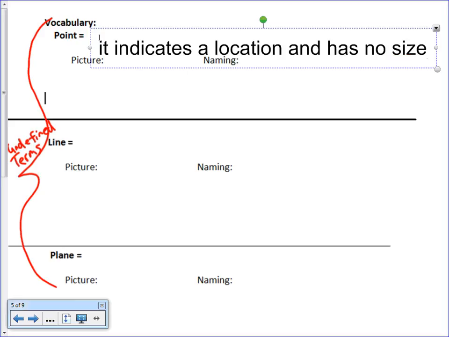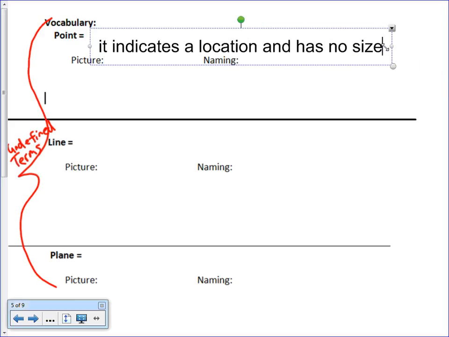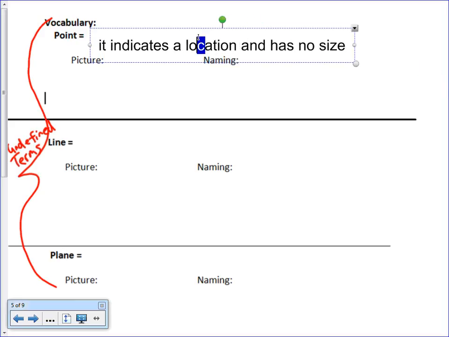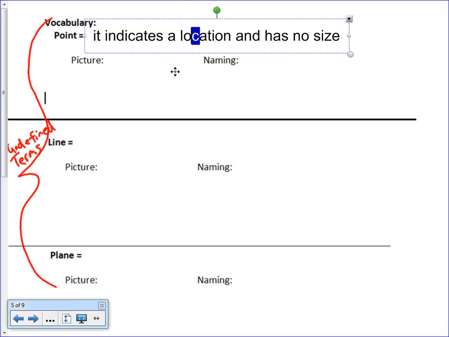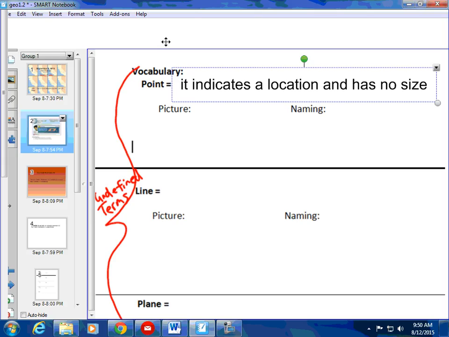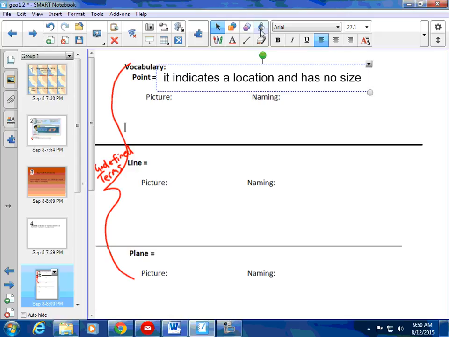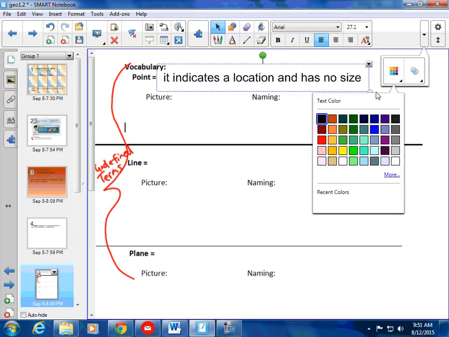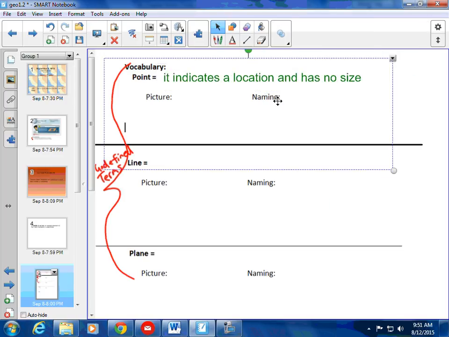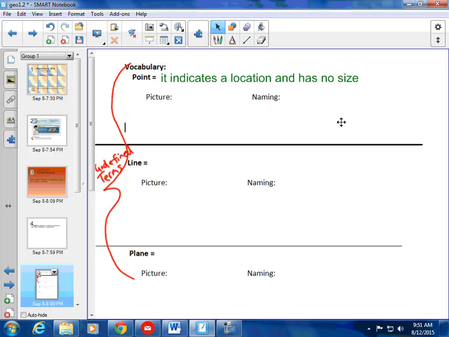It looks like a point has size. Like when you look at a point, it looks like it has size, but that's just so that we can see it, because we're not perfect. But a point really, and I will change the color of this. There it is. I'll change this to green. It shows location, but it has no size.